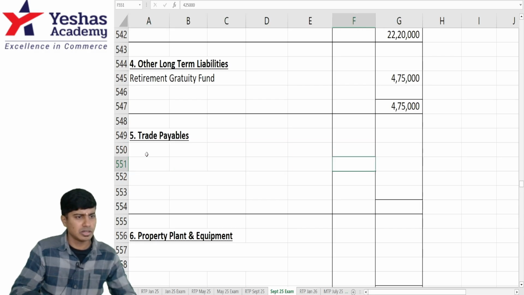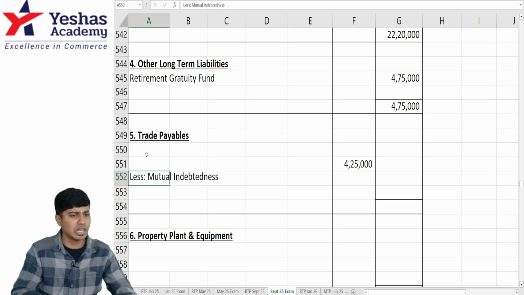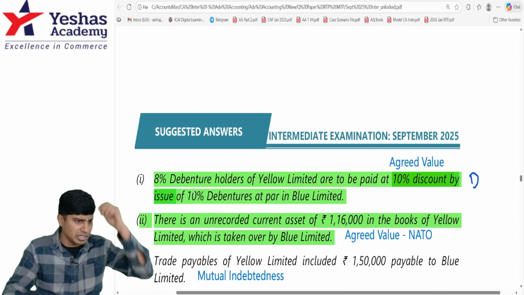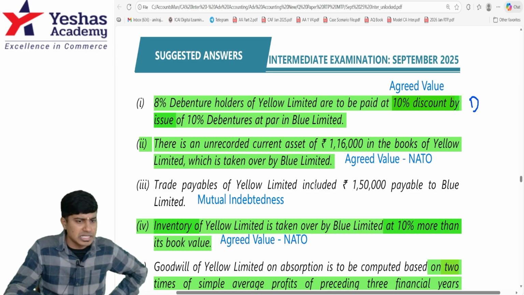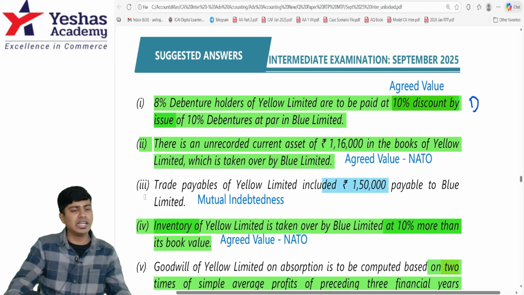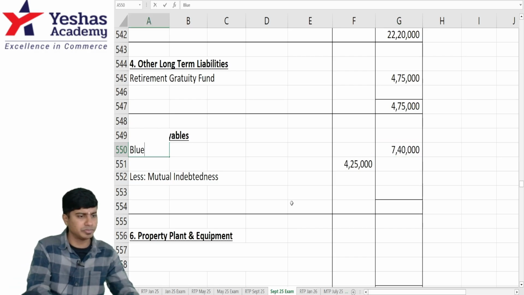To begin with, how much? 4,25,000. Correct? Less mutual indebtedness. How much is mutual indebtedness given here? Mutual indebtedness 1,50,000. I'll not say that the complete adjustment is done because I need to eliminate it from trade receivables also. Am I right? 7,40,000, that of Blue Limited, no problem.